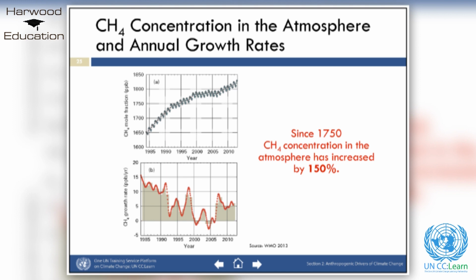The concentration of CH4 has more than doubled since pre-industrial times, from approximately 700 parts per billion in 1750 to 1,819 parts per billion in 2012. Since 2007, atmospheric methane has been increasing again after a temporary period of leveling off.